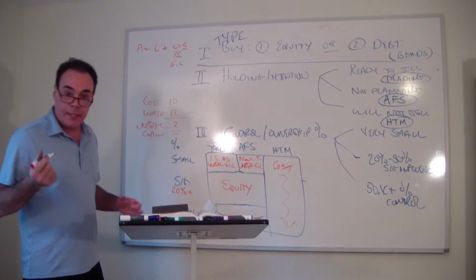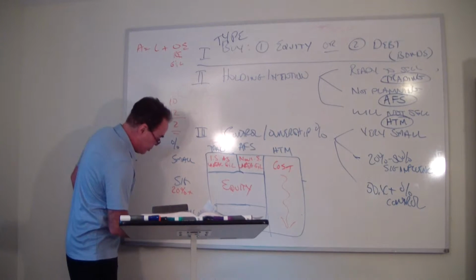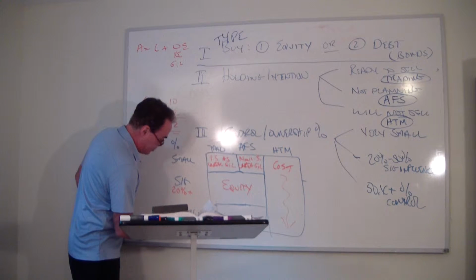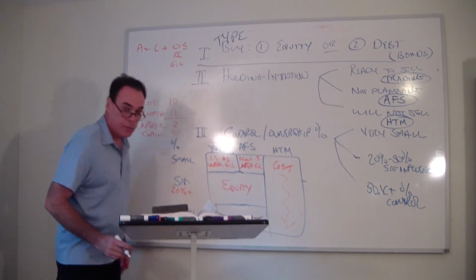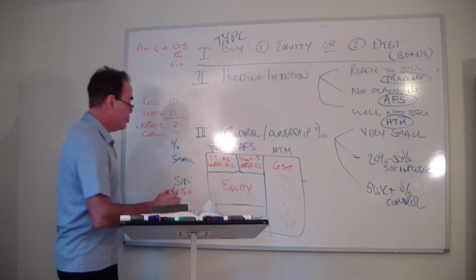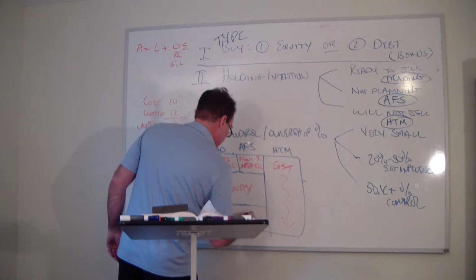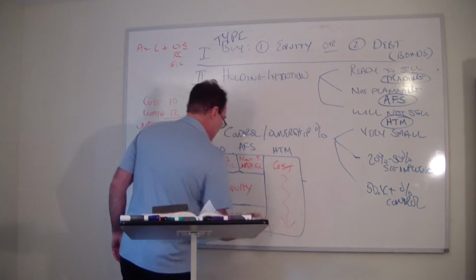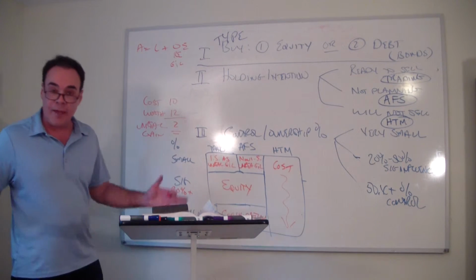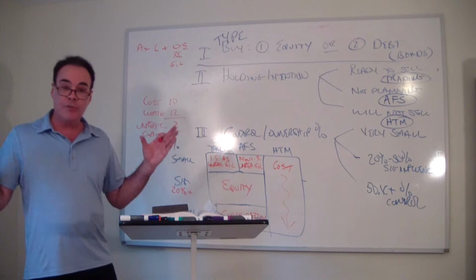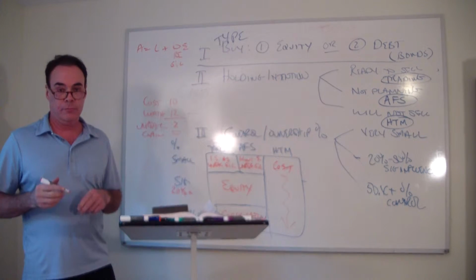Now, in the case of a controlling interest, which is 50.x% plus, we use consolidation. And consolidation means that we have to put the accounting records of the two companies together.